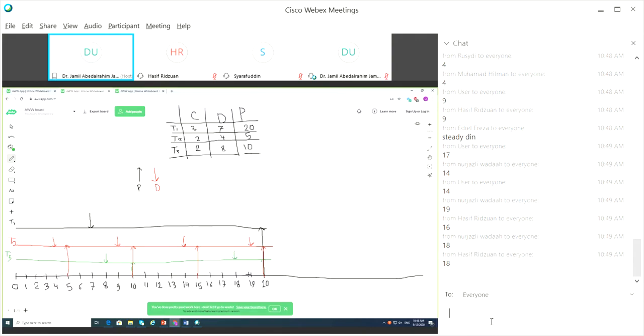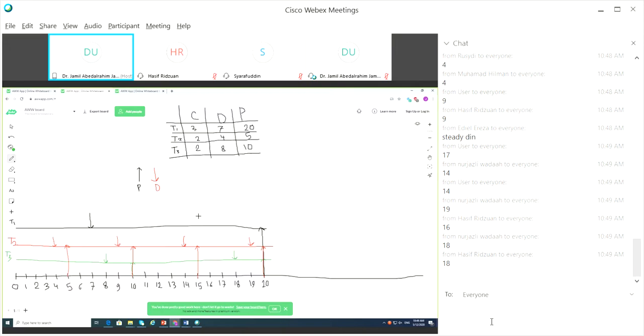Okay. When you indicate everything for the period and deadline, drawing your Gantt chart will be much easier. So we start. The mechanism for EDF is, for each time unit, please remember this every time, for each ready process, we execute the process which has the closer deadline.